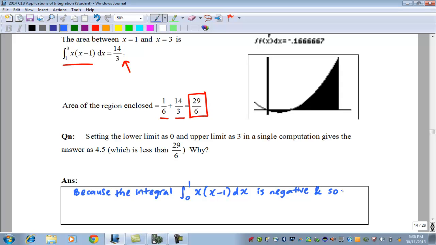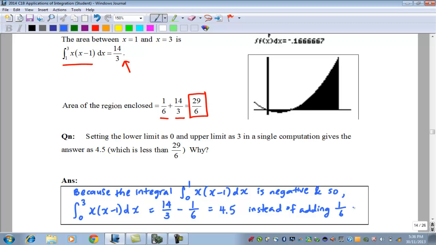And so, when I integrate from 0 to 3, x of x minus 1 dx gives us 14 over 3 minus 1 over 6, which is 4.5, instead of adding 1 over 6 to 14 over 3.